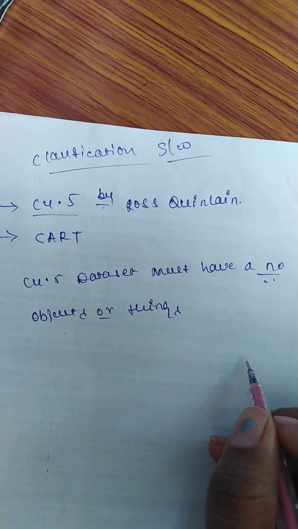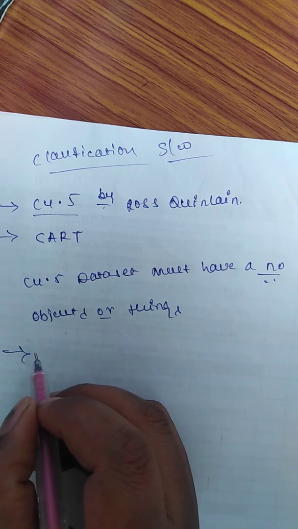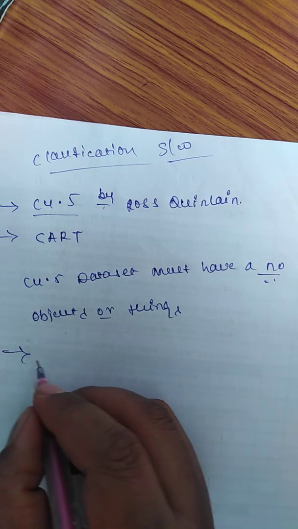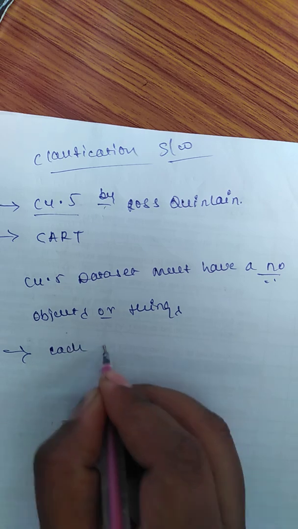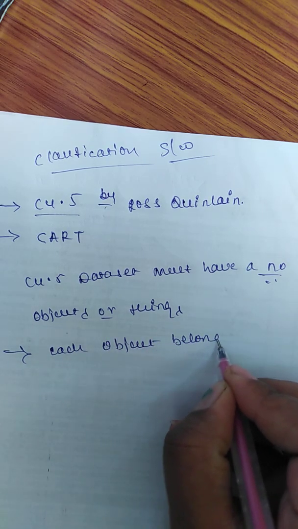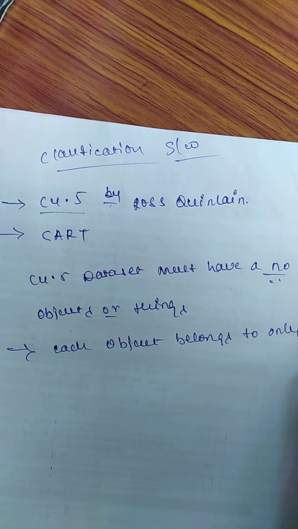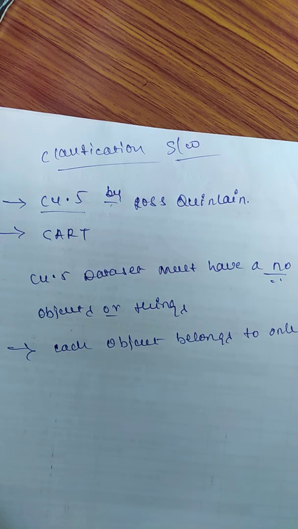Some of these objects must come from the training data. It is assumed that each object belongs to only one class. It assumes that each object belongs to only one class.